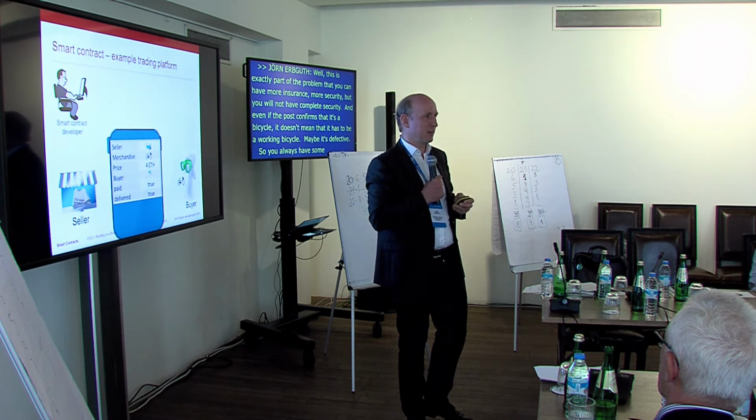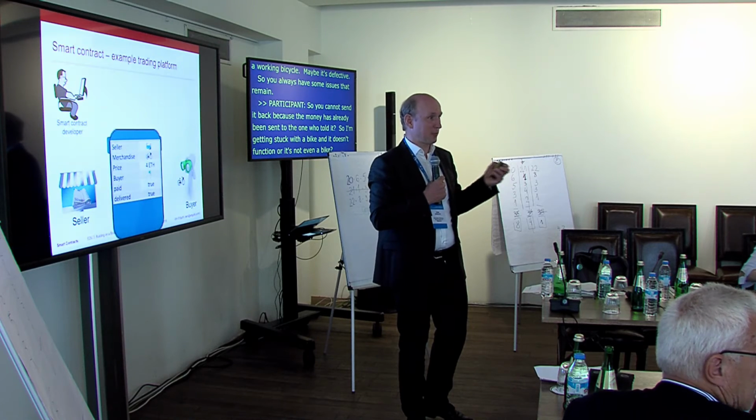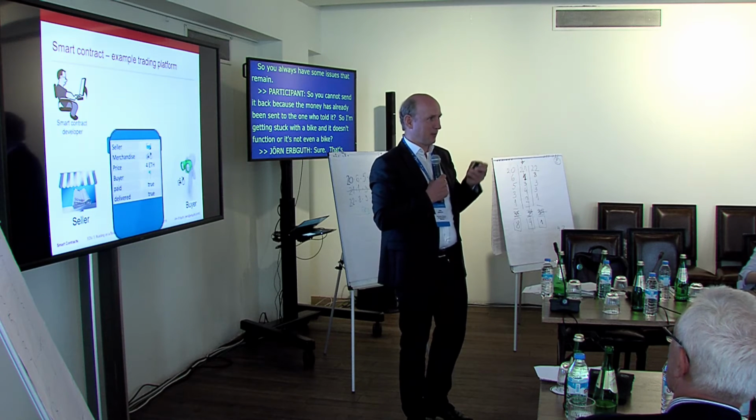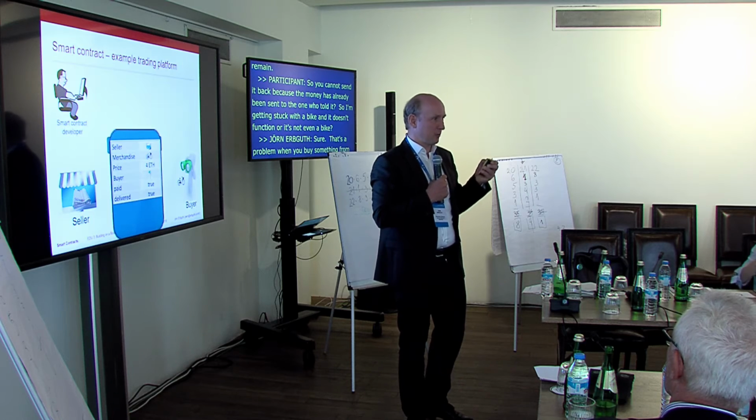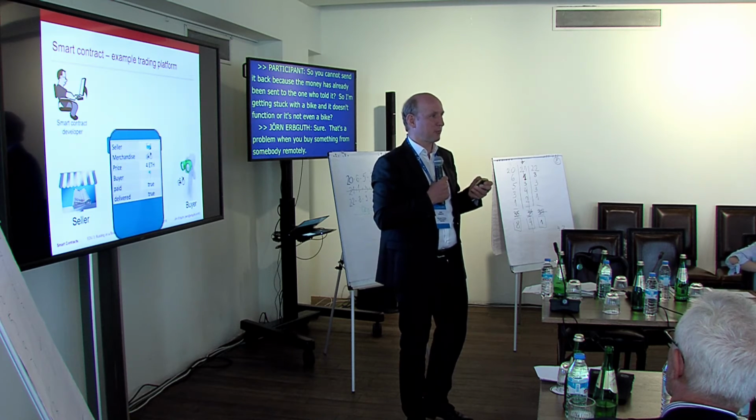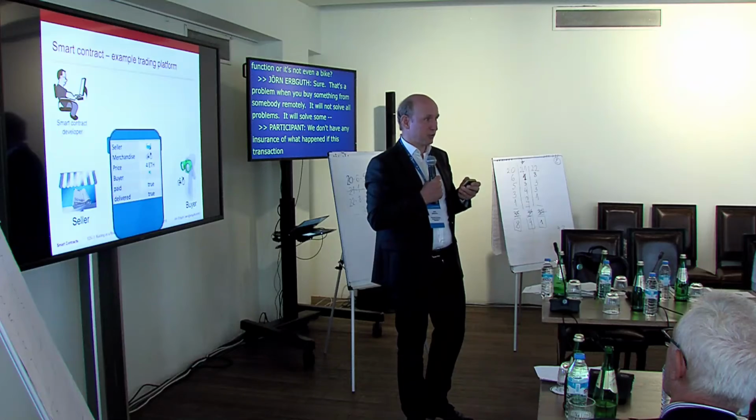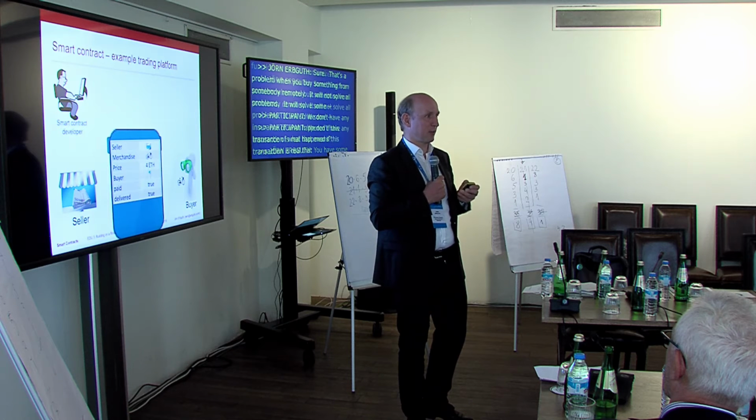So I cannot send it back because the money is already being sent to the one who sold it. So I'm getting stuck with a bike and it doesn't function, or it's not even a bike. Sure, that's a problem when you buy something from somebody remotely. It will not solve all problems. We don't have any insurance of what happens if this transaction is real, that means. You have some additional insurance that you will receive something by the post office.